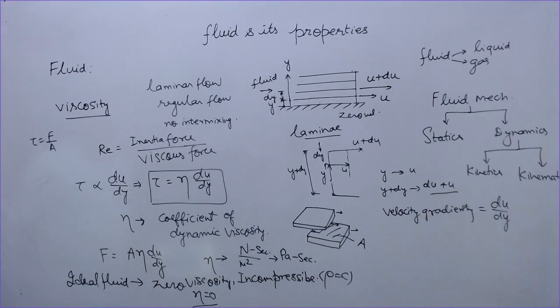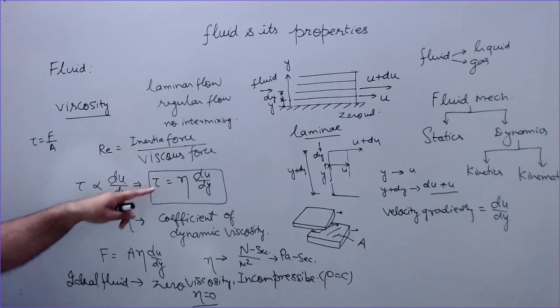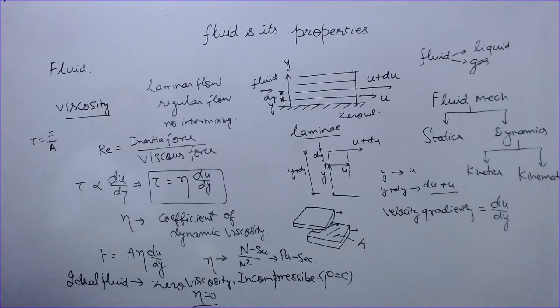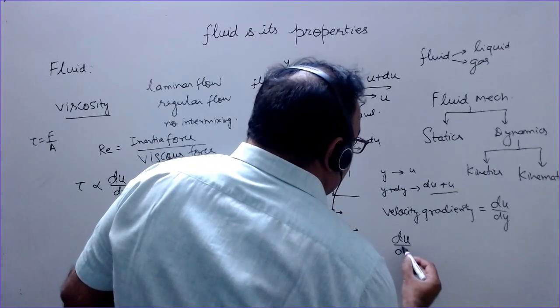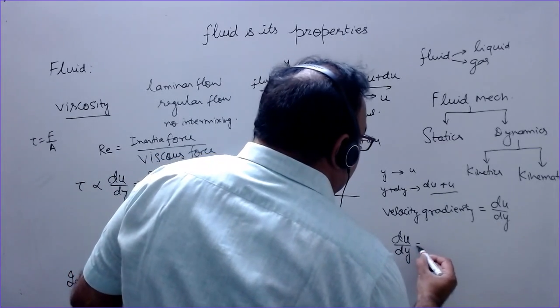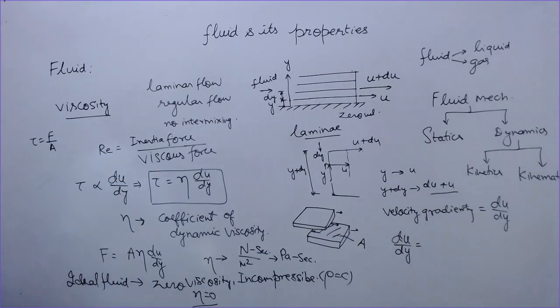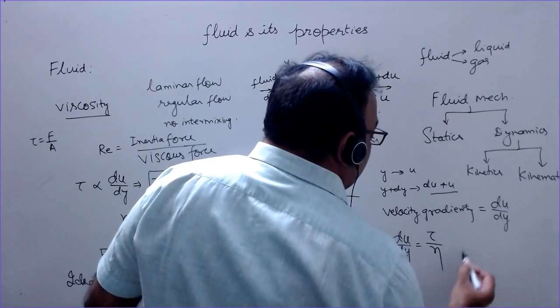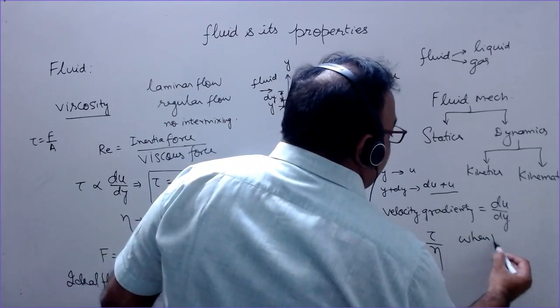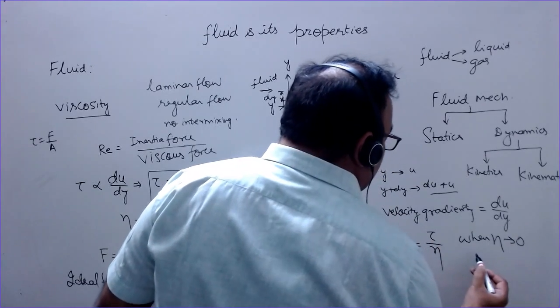So you can see that when eta is 0, the coefficient of viscosity is 0. So du by dy, that is the strain rate, which is nothing but the shear strain. So shear strain is equal to tau divided by eta. When eta is tending towards 0, it is very small.